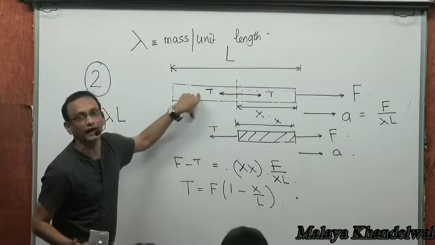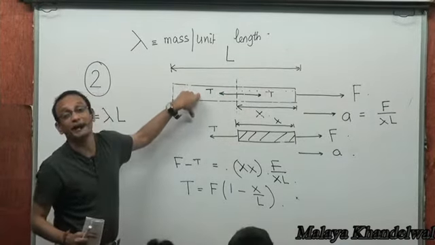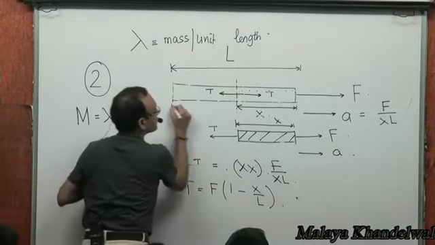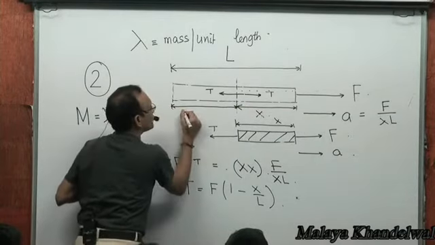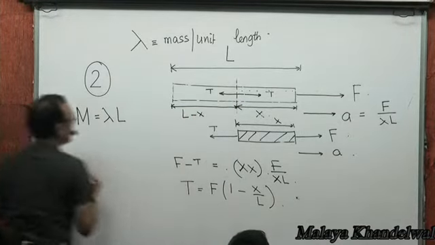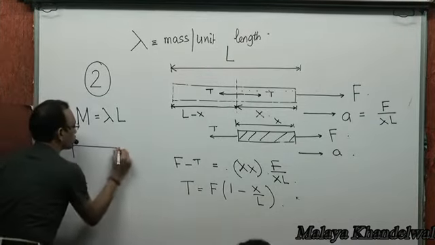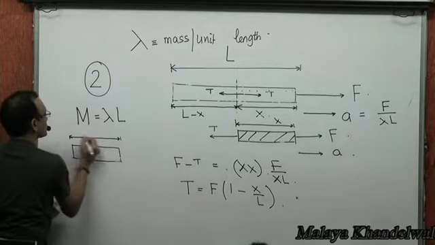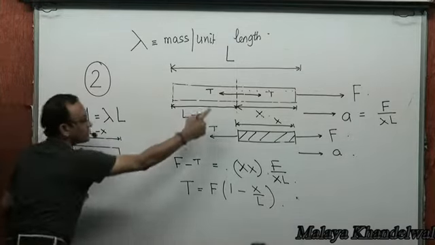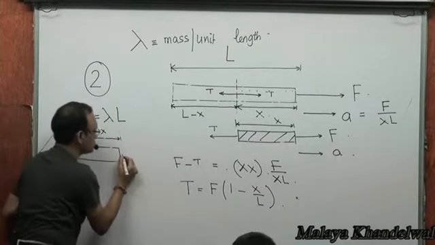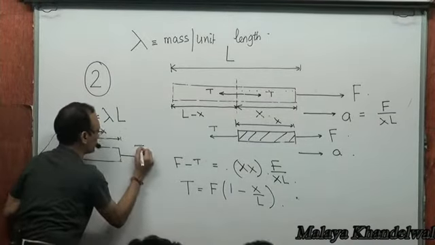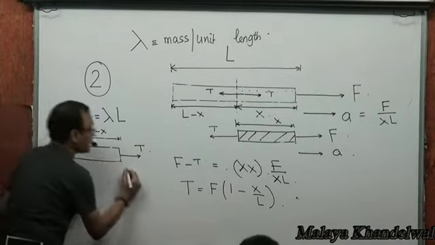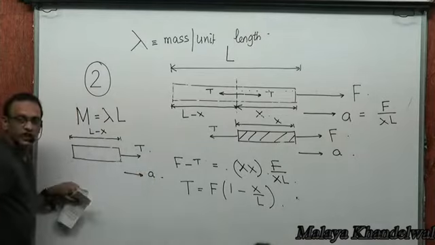Now let me take the free body diagram of the left portion and see if I end up getting the same value of T or not. This portion to the left is of length L minus x, right? There is a force T to the right on this portion, and it will have the same acceleration A to the right as before.